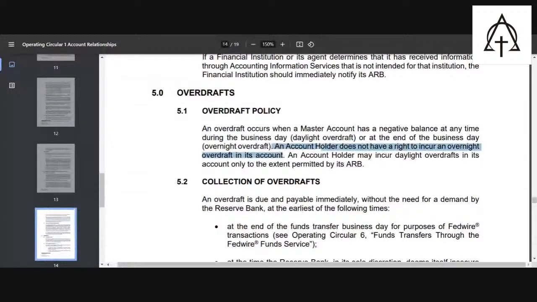An account holder may incur daylight overdrafts in its account only to the extent permitted by its ARB.